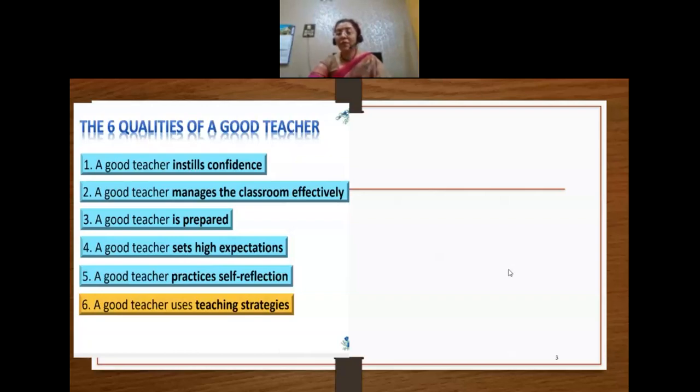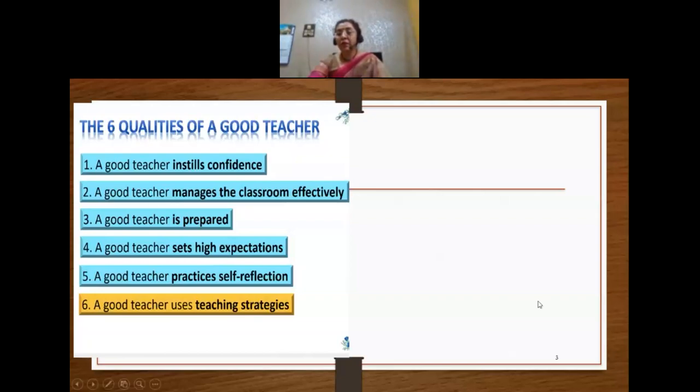So the teacher should be well prepared. The difference between a normal person and a champion is that a champion does the same thing in a planned manner.